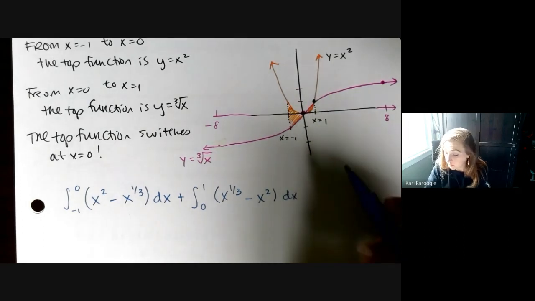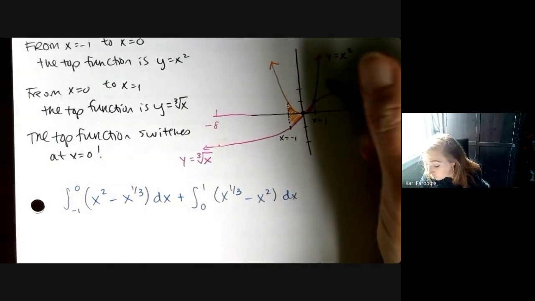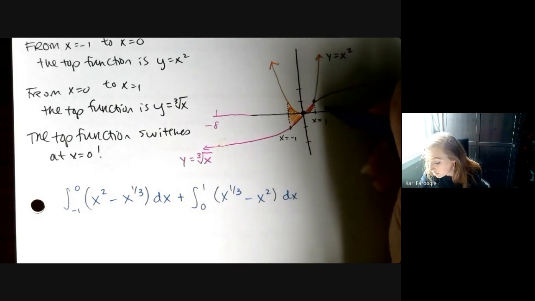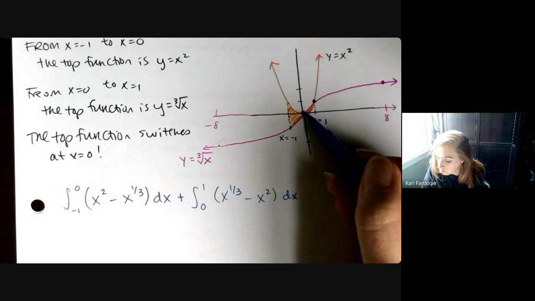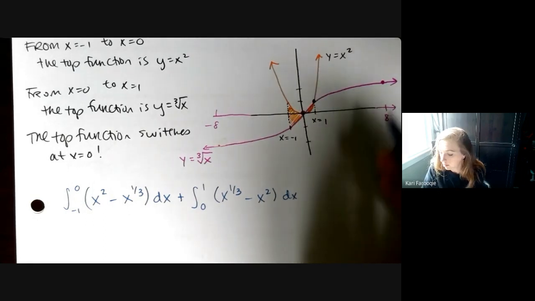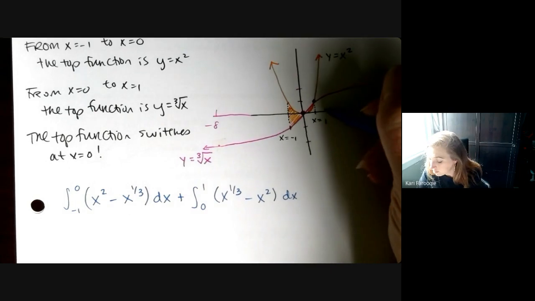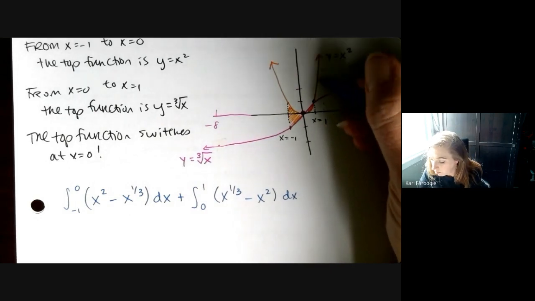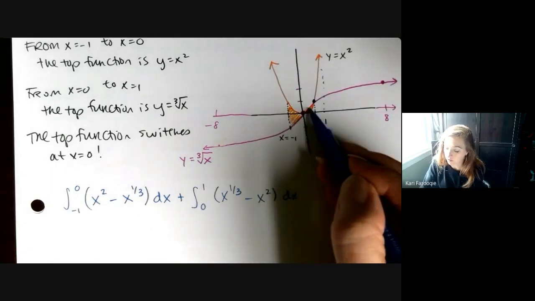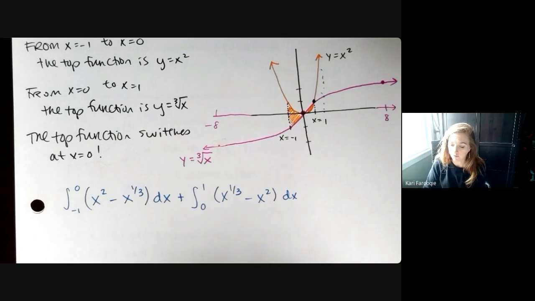Like if I had been going up to like x equals 2, well, you'd get this to change again, where the top function would switch over from the cube root to x squared again. So if I had taken this a little bit further out, I would have gotten a whole different region. And that would have been 3 different integrals. So just something to watch out for.